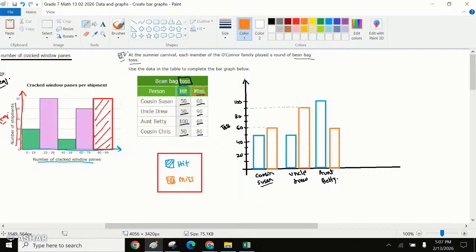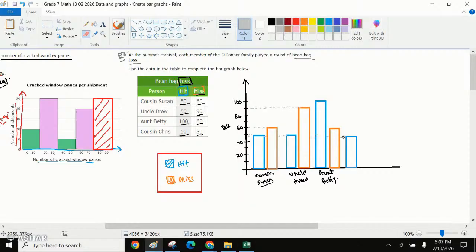Then we have cousin Chris. The cousin Chris had 50. I can show this 50 by these dots, that these values are 50, right? These are not joined.